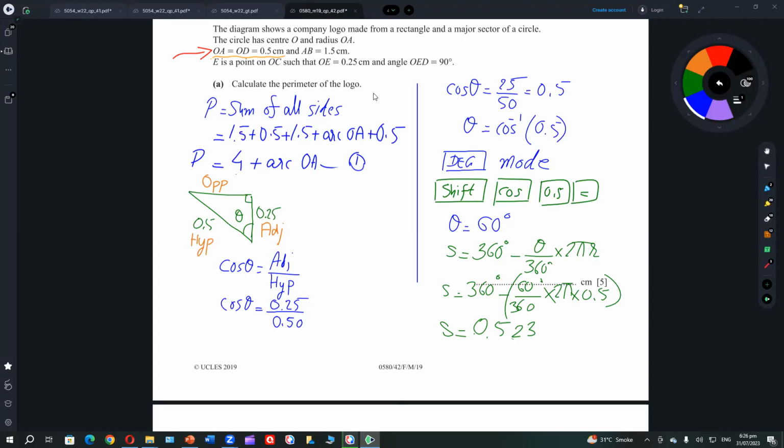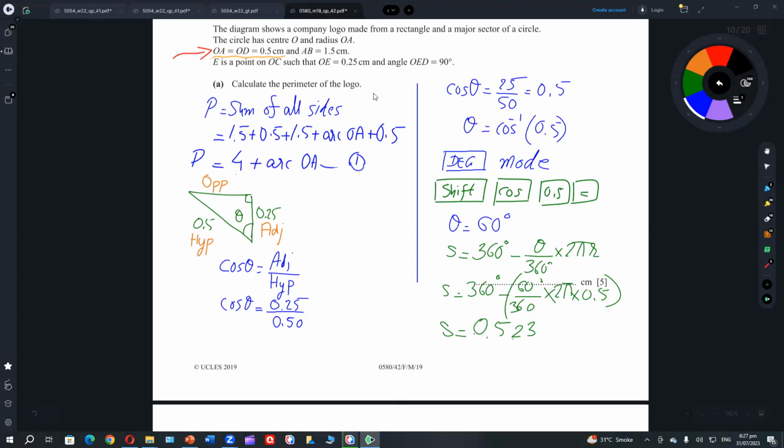Otherwise, a person using a calculator can directly subtract without multiplying, because multiplication comes first. It's the BODMAS rule. So I made a bracket to avoid any error. First solve the bracket. I did get 0.523, so 0.52 is coming.